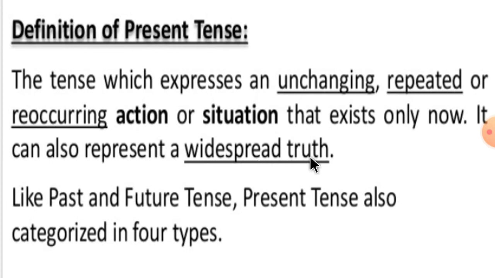Widespread truth means a universal truth or a general truth which we cannot change. An unchanging action means things which we cannot change.